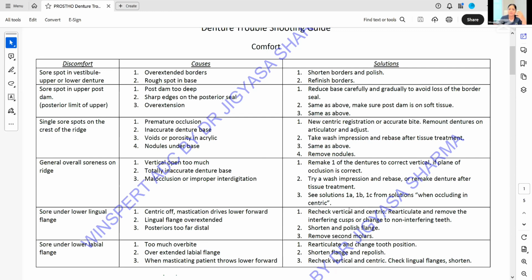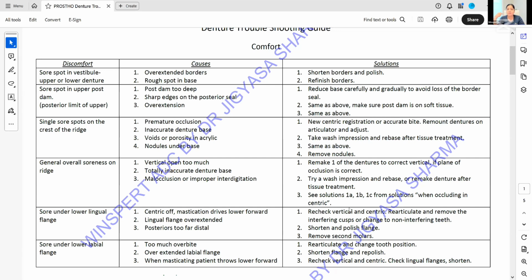Is that correct? The side where the patient chews is the working side and the opposite side is the non-working side. Bilaterally balanced occlusion means when the patient is chewing on a complete denture on the working side, the non-working side also should remain in contact. Is that clear for everyone? The lateral excursion bilaterally balanced aspect.